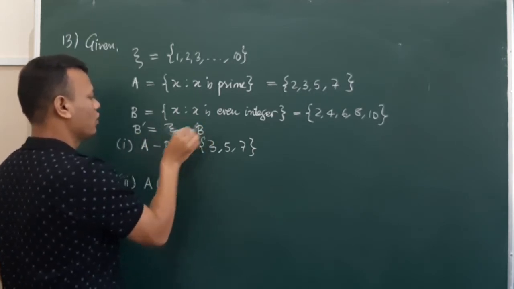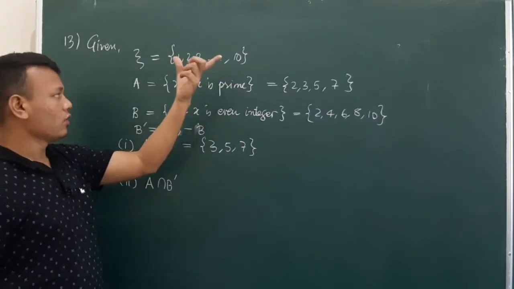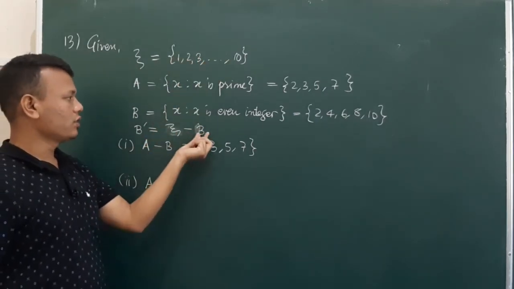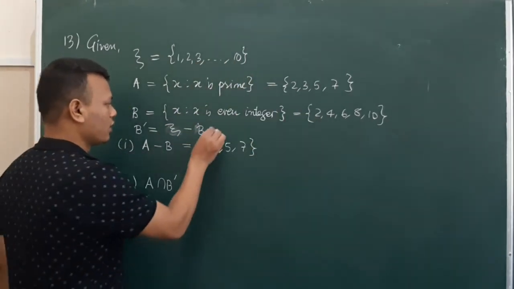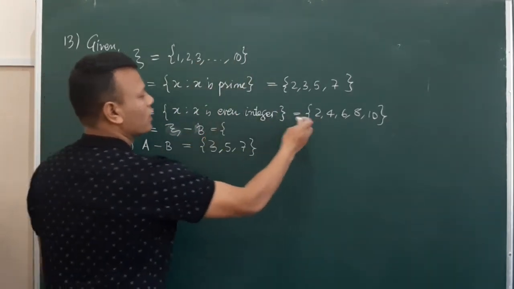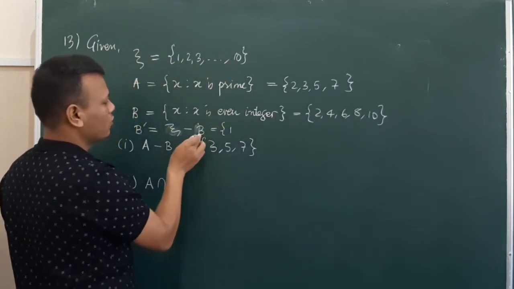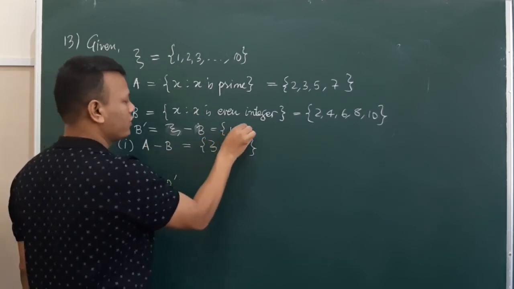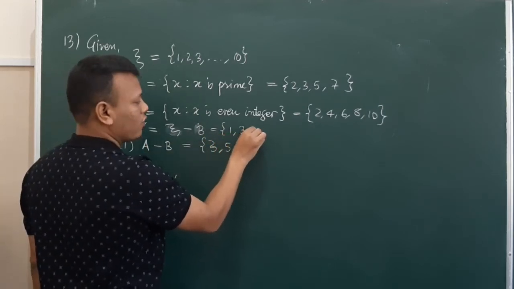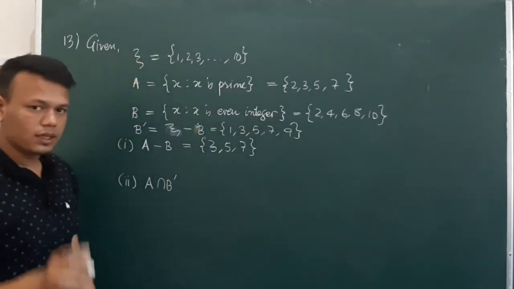This is the definition of complement. Since all of B are even, we need to write down only the odd integers here, right? So you are removing all the even integers from the universal set. So you will get all the odd integers, that is 1, 3, 5, 7 and 9. So this will be your B dash.